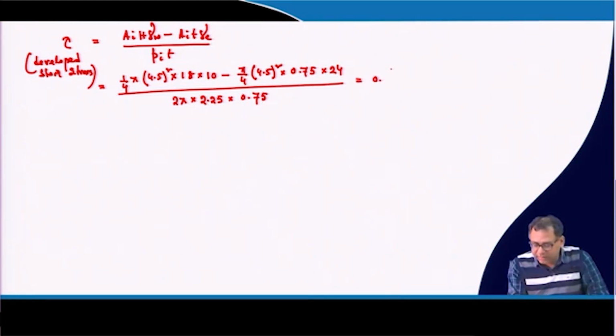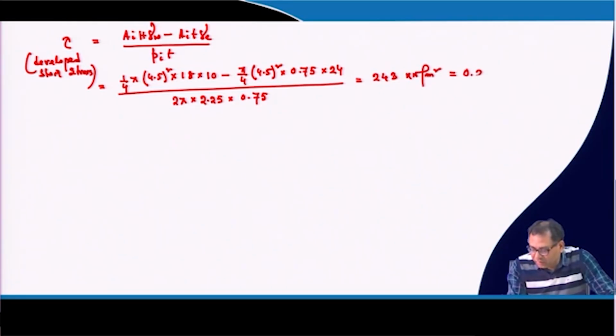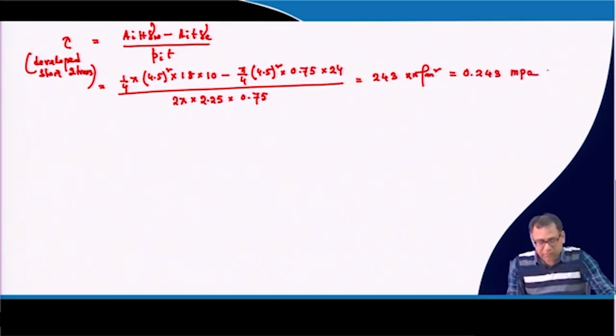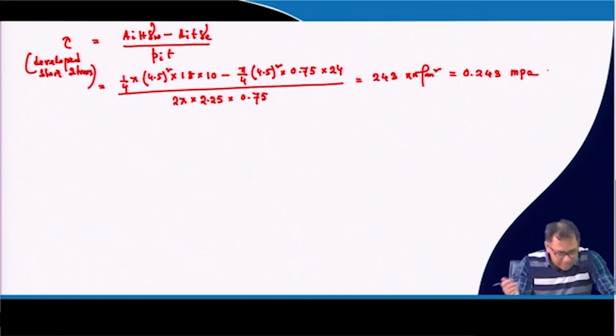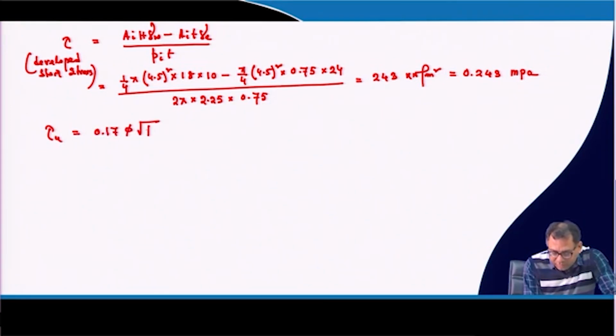Okay. So, this value, first we calculate in terms of kPa, is 243 kilonewton per meter square or 0.243 MPa. So, the shear stress which is developed is 0.243 MPa. Now, the ultimate or permissible shear stress is 0.17 phi root fc.